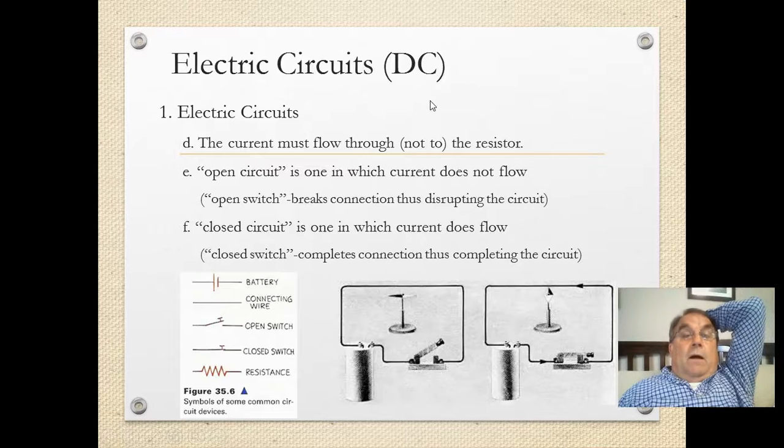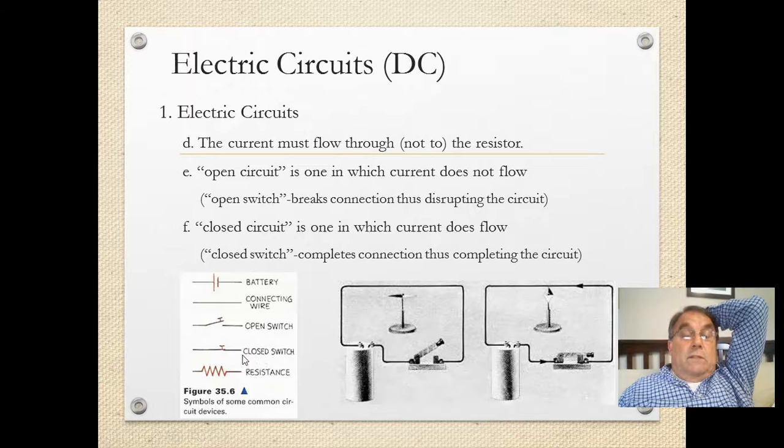There are different aspects to a circuit. In a schematic, which is a line diagram of a circuit, this notation denotes a battery. The lines denote wire. An open switch means that the circuit is open or broken, so current cannot flow.